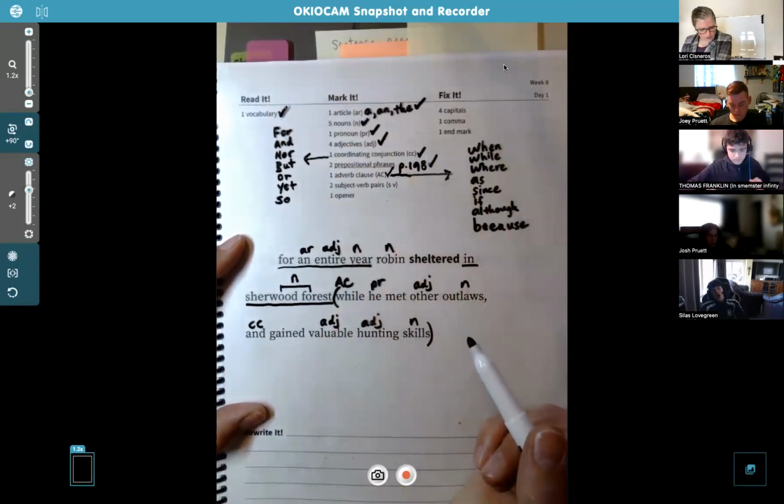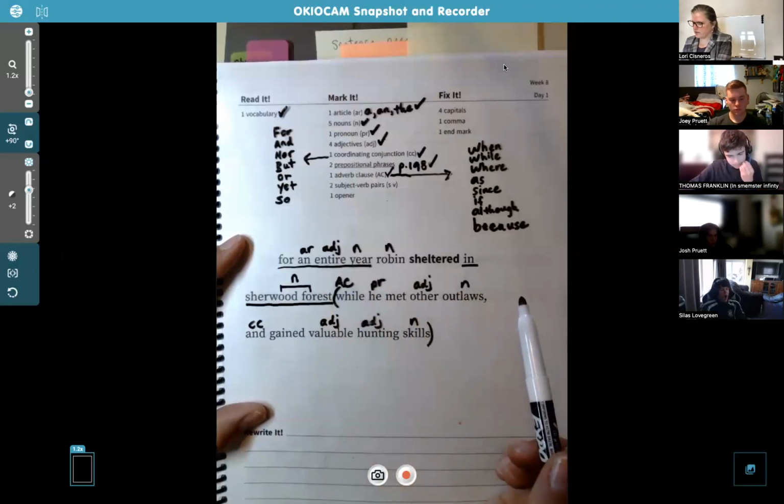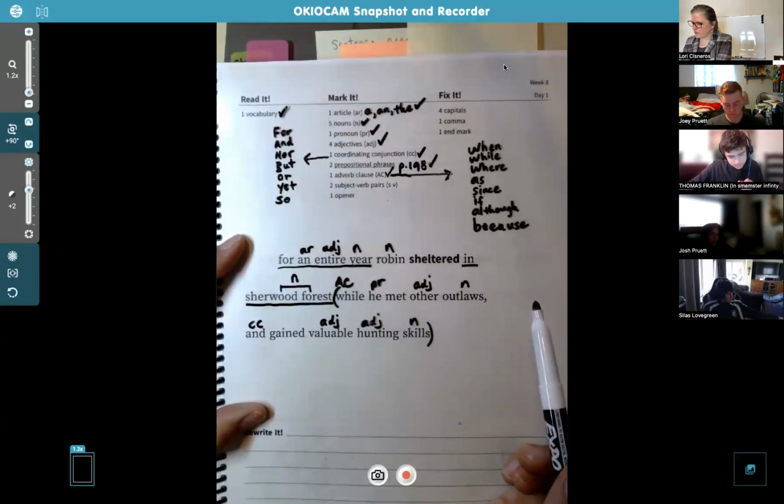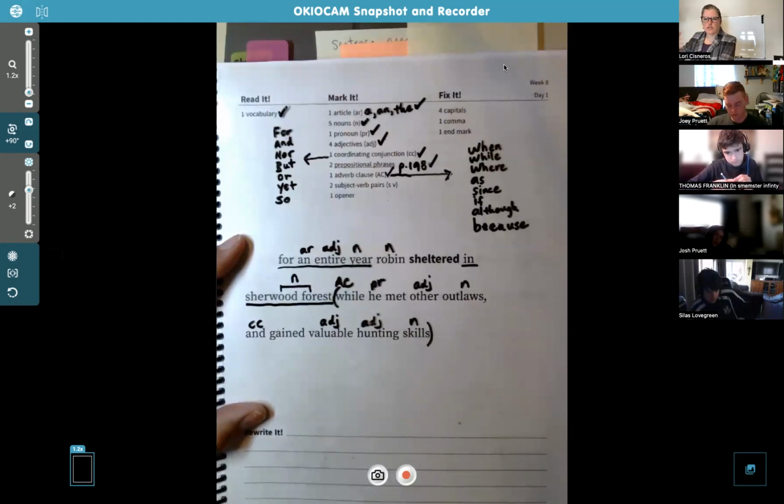Okay, subject verb pairs. So let's go on to Joey again. How about all the verbs? Let's start with that. What are the verbs? I'm blanking. Remind me of verb. A verb is an action, basically, and sometimes it's a helping or linking verb, but a verb is the subject is doing something.